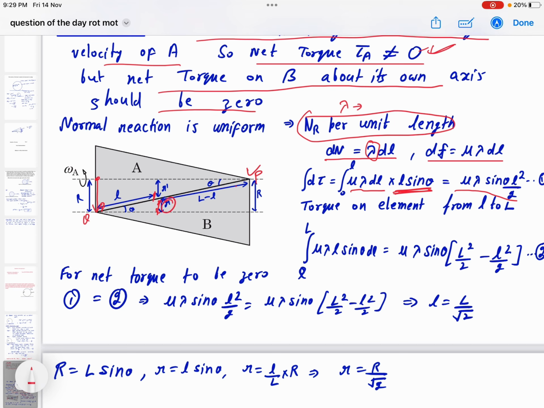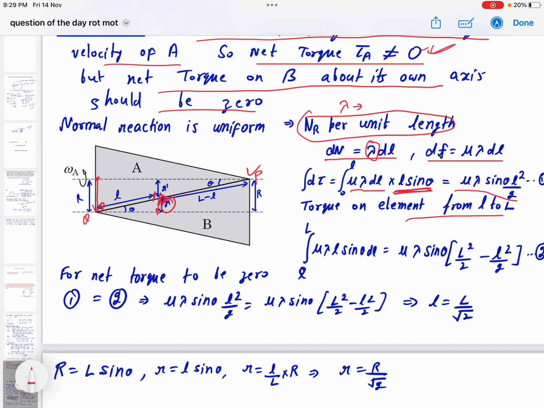Similarly, I write the torque equation from l to capital L. I choose this point l because the direction of relative motion changes at some point. There will be one common point having the same velocity for both cones. So I try to find that point.